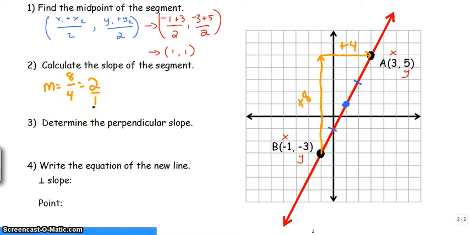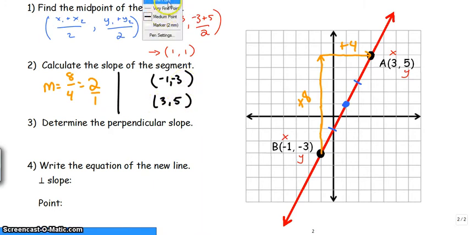The other way we could have done that is to use our slope formula, or take our points, (-1, -3) and (3, 5), to calculate out our jumps.